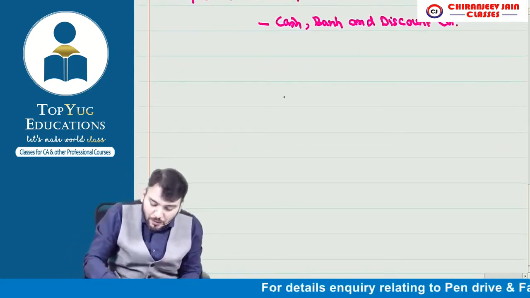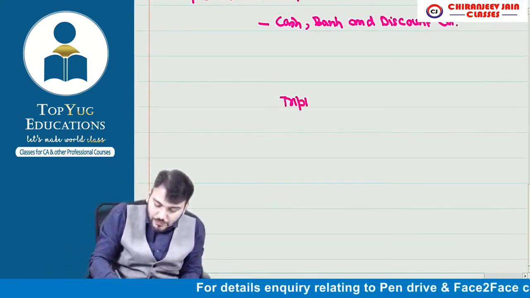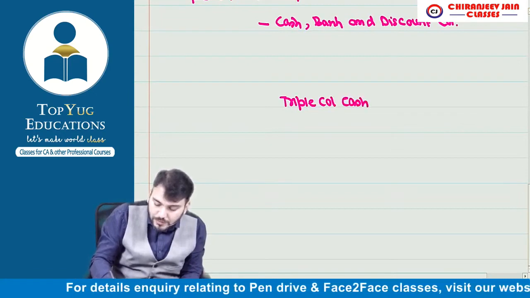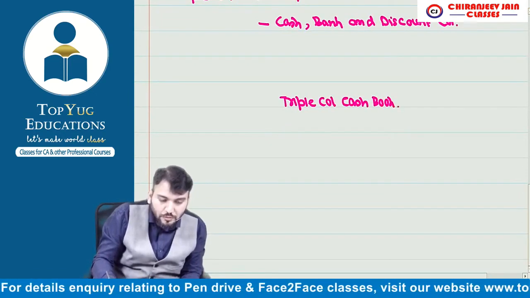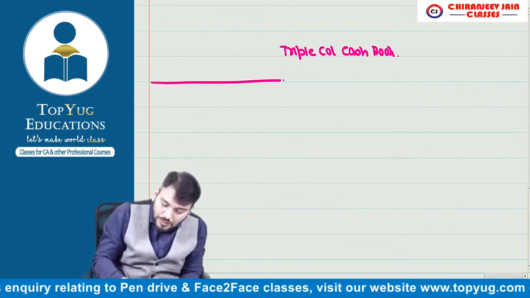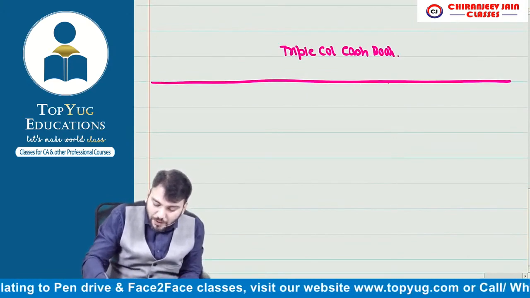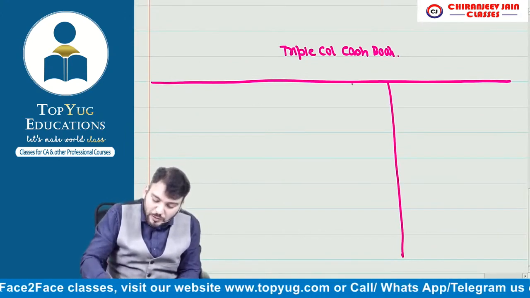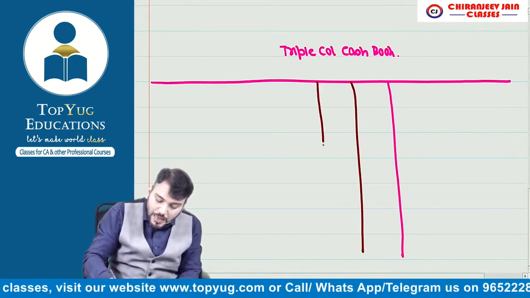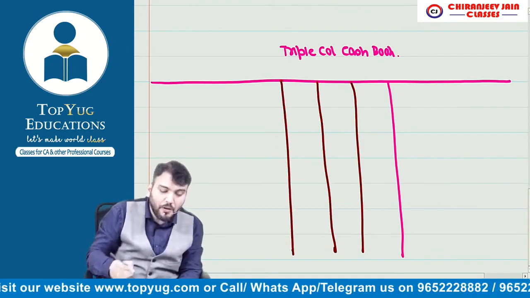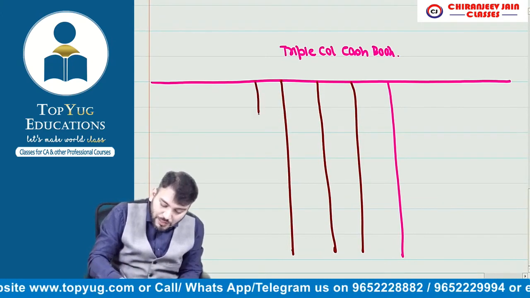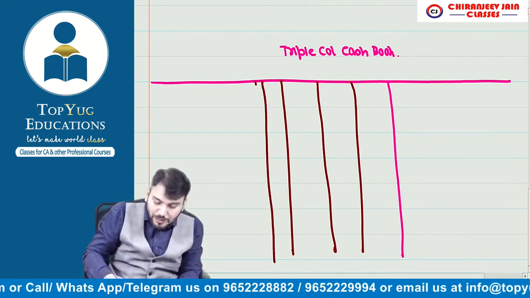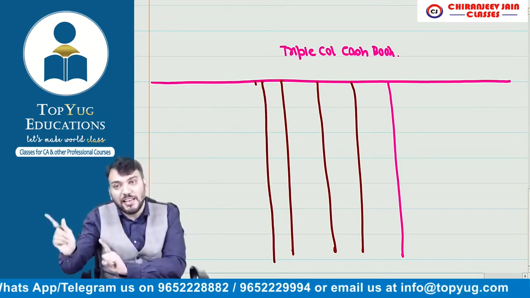So if I say triple column cash book, what will be the format? It will be a T-shape format, in which we'll have three amount columns. One will be ledger folio. Why ledger folio? Because from this the transaction will be posted in ledger.